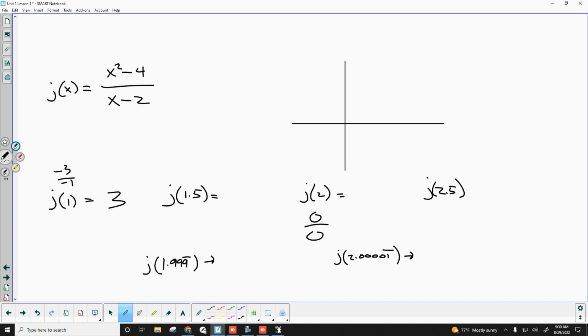Now, we have not seen 0 over 0 yet in this class at all. I saw 1 over 0 in unit 0. 0 over 0 is very confusing to even me and very confusing to a lot of students. Some people think, oh, something divided by itself is 1. Some people think 0 divided by anything is 0.